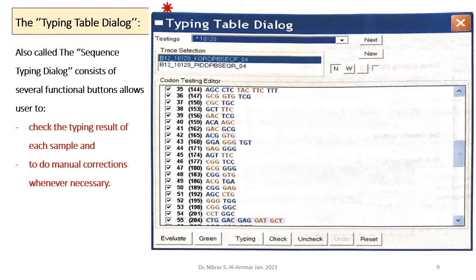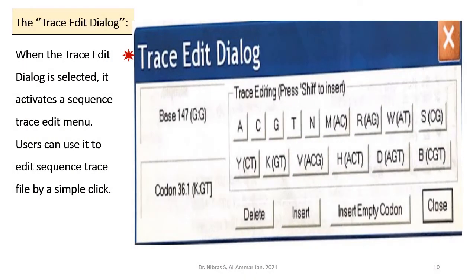The typing table dialog, we also call it the sequence typing dialog, consists of several functional buttons. Buttons allow the user to check the typing results of each sample and to do manual corrections whenever necessary. The trace edit dialog.